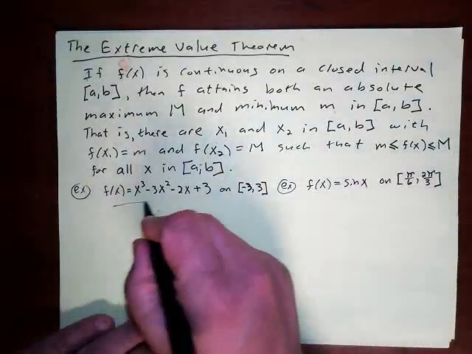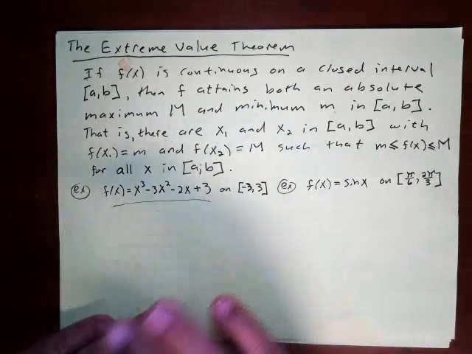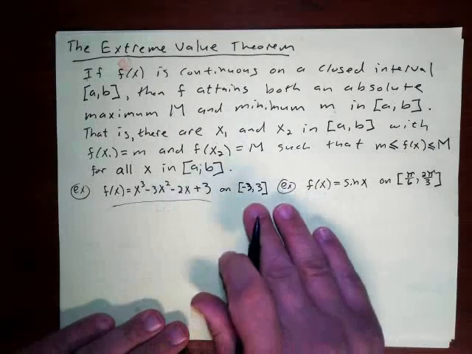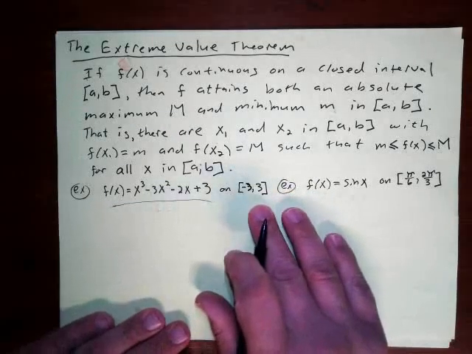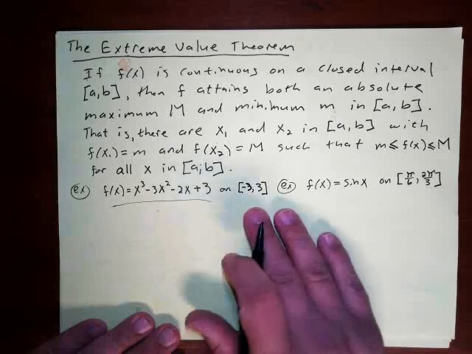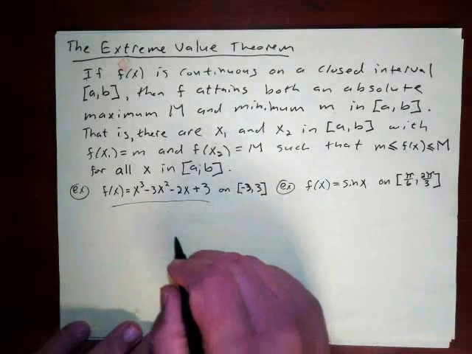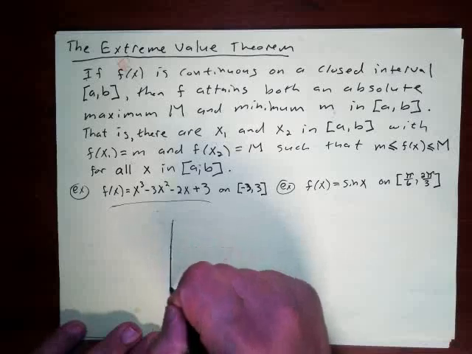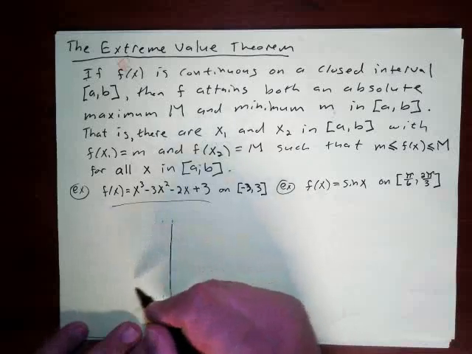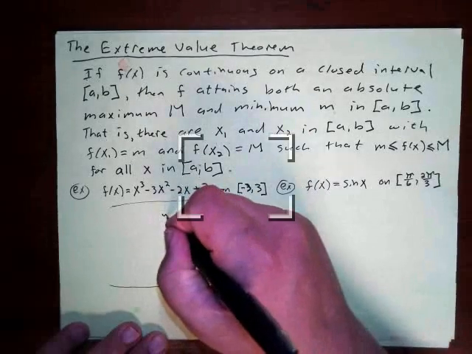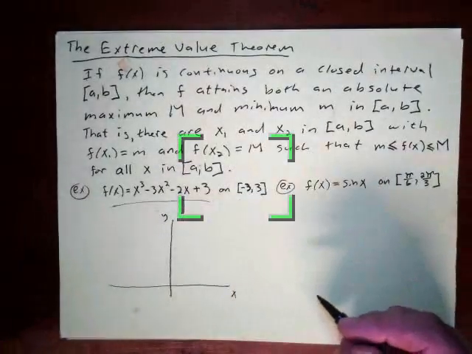Okay, so here's a cubic equation, and we know the cubic polynomials are continuous, no problem there. And here is a closed interval. So this will contain both a minimum and a maximum value. And so let's look at this function.